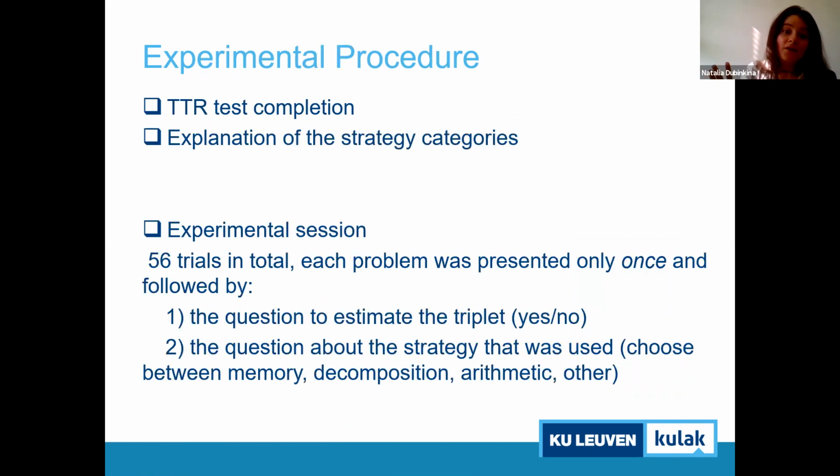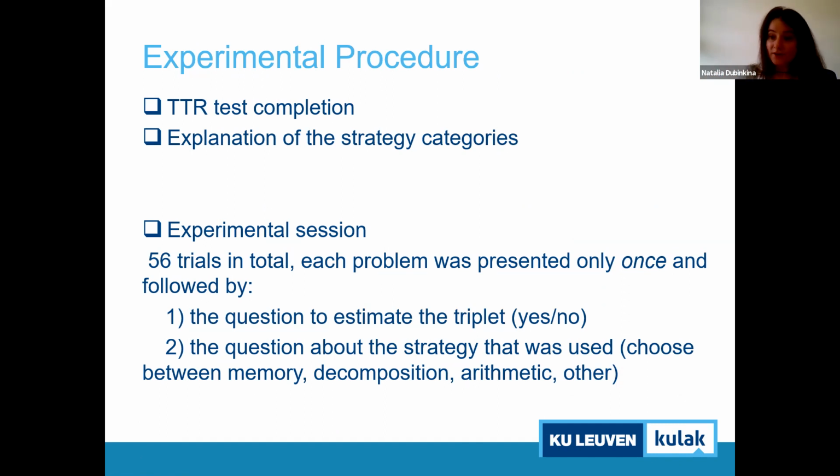So after this exploratory step, we had the main experimental session when we presented subjects with triplets that varied in direction and distance. And they needed to report after each triplet which group of strategies they used.